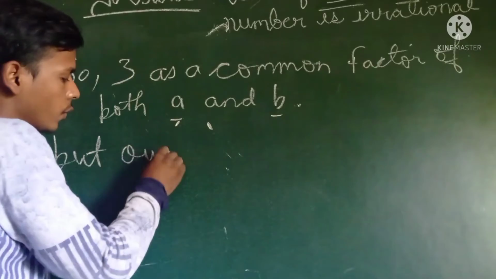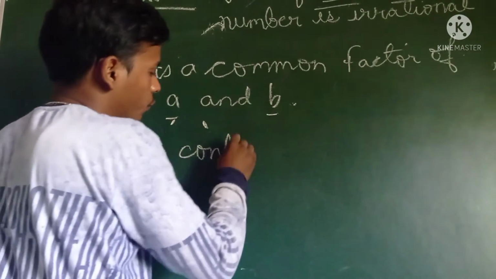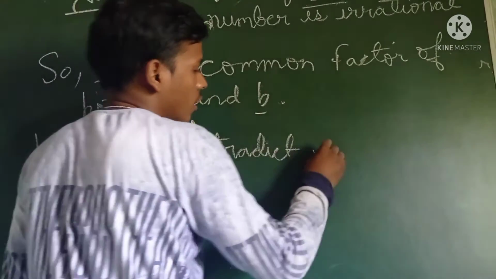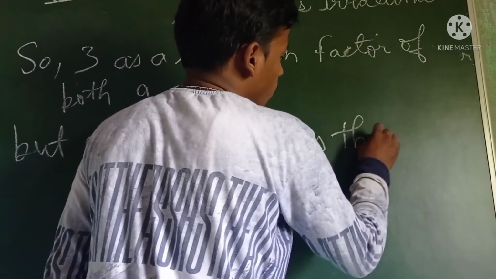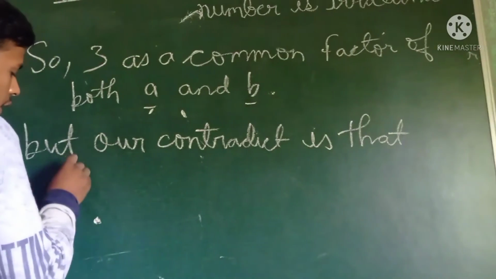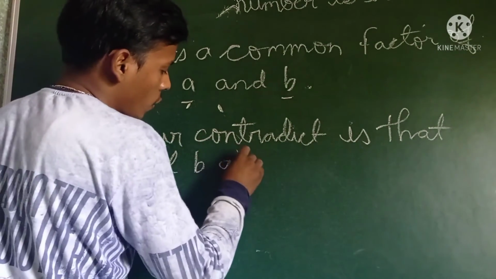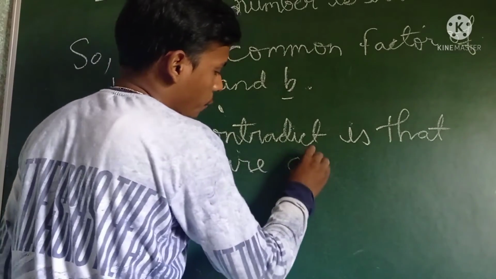Our contradiction is that a and b are coprime.